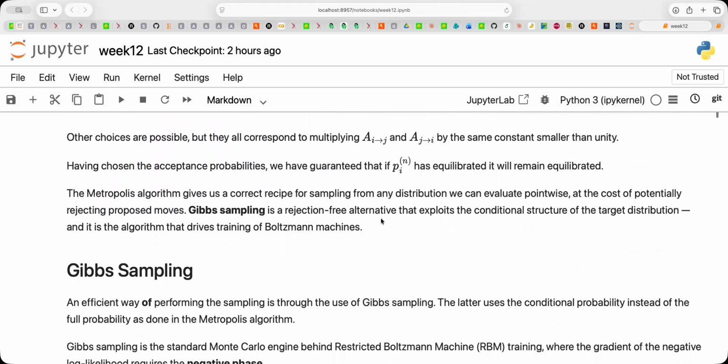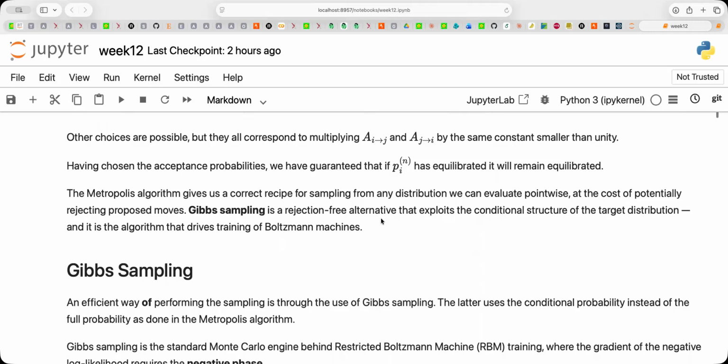With Metropolis sampling you propose moves, but you would reject some moves. Gibbs sampling is a rejection-free way of doing that, and it exploits the conditional structure of the distribution, which means that you just look at one of the variables at a time.